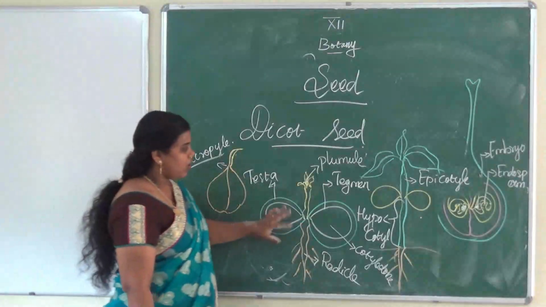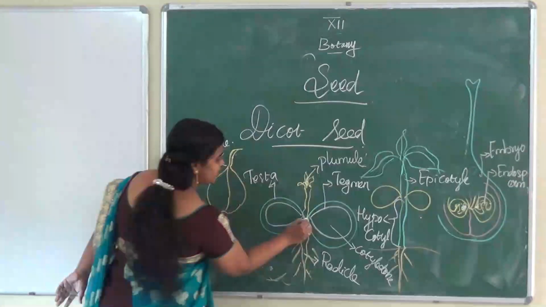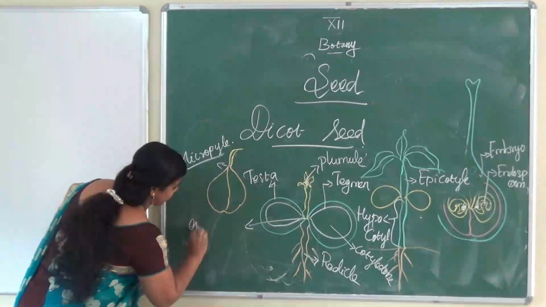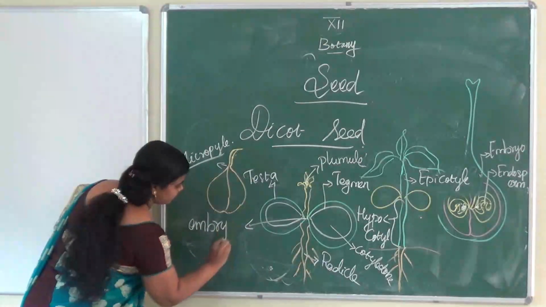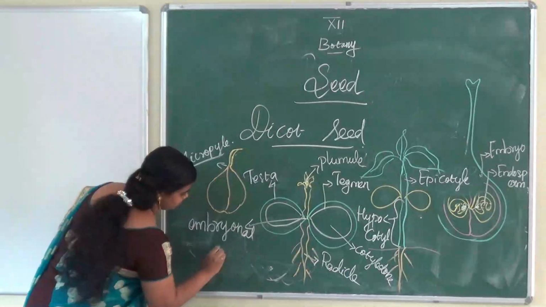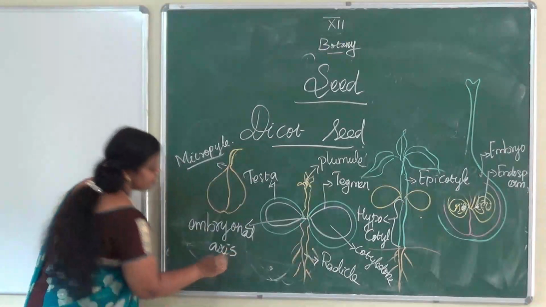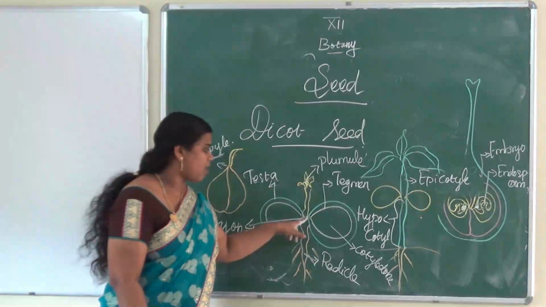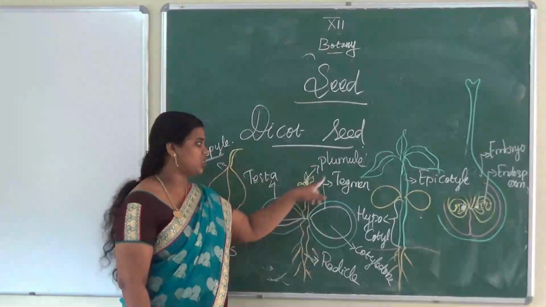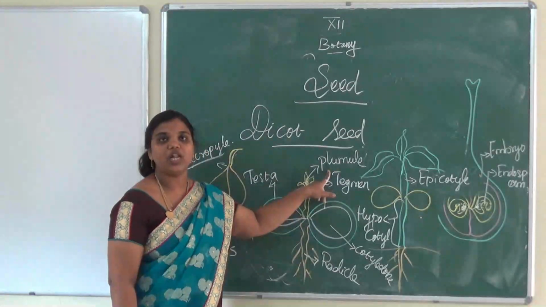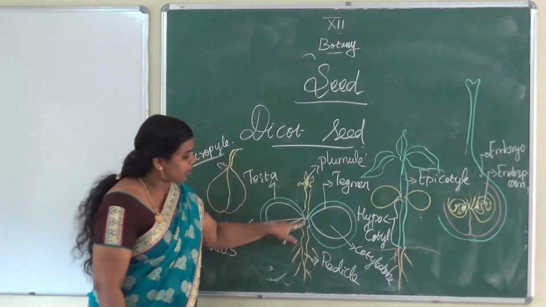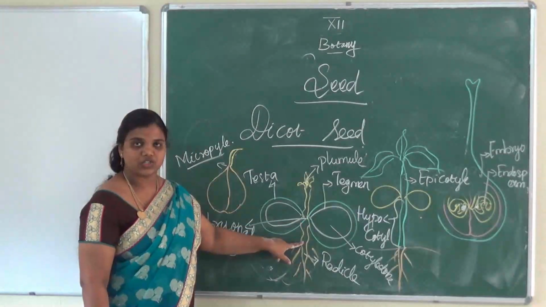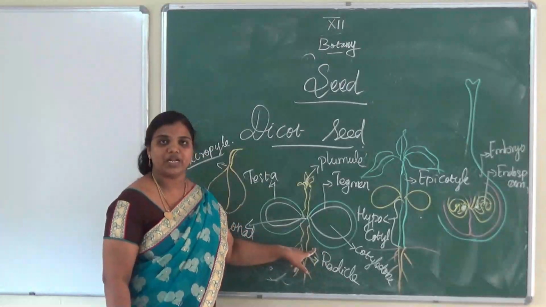In the central axis, known as the embryonal axis, above the embryonal axis is the plumule or embryonal shoot, and below the embryonal axis is the radicle or embryonal root.